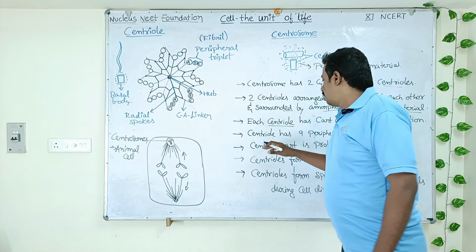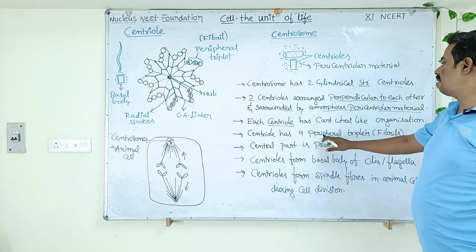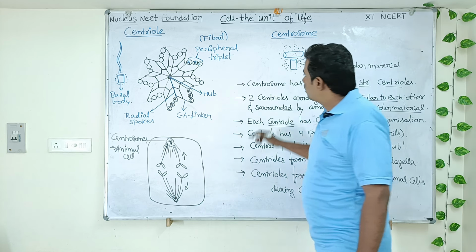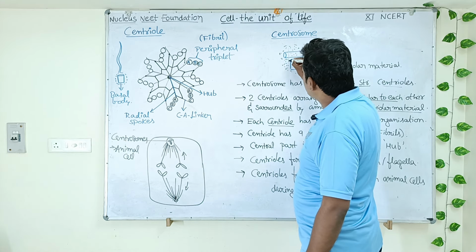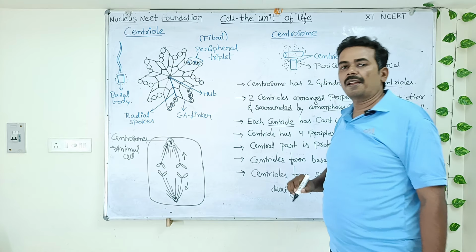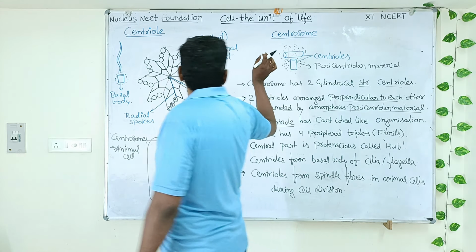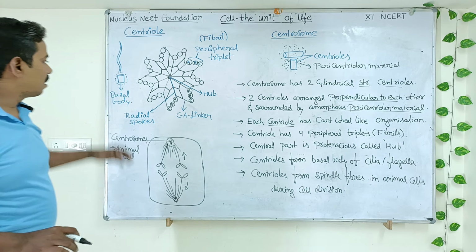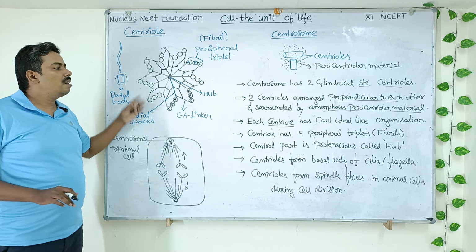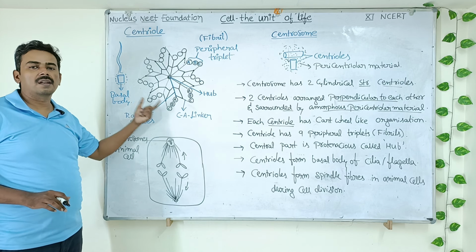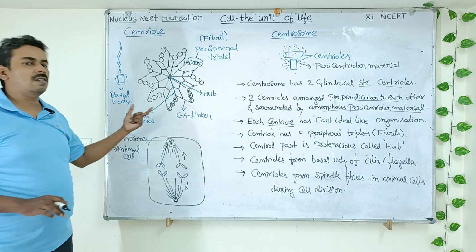Centriole has 9 peripheral triplet fibrils. When you cut the centriole in a section like this and observe under the electron microscope, the inner details of the centriole can be seen like this. This is the cartwheel like organization of the centriole. It resembles the cartwheel.